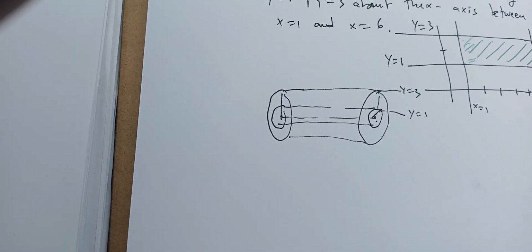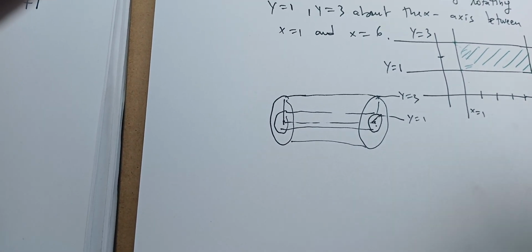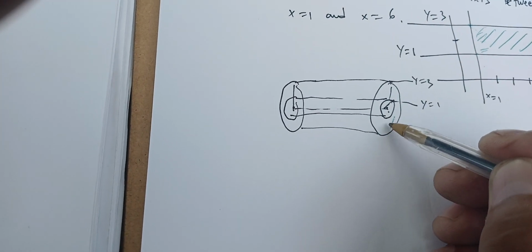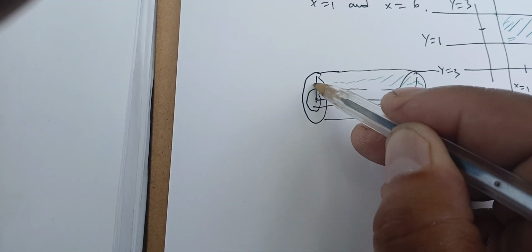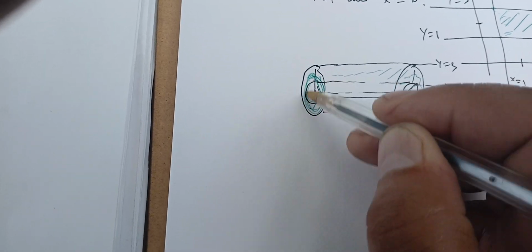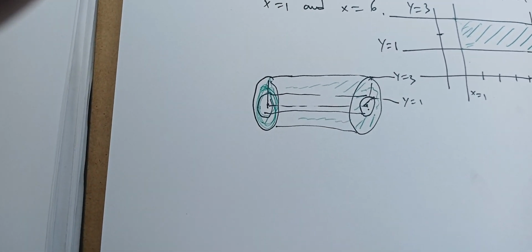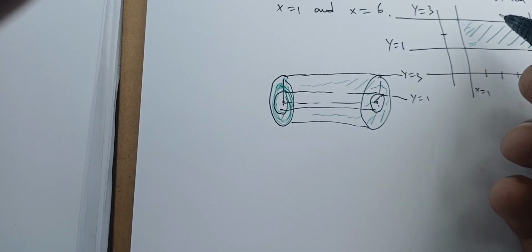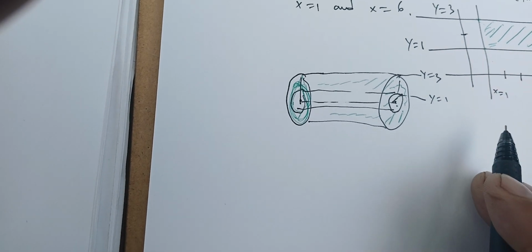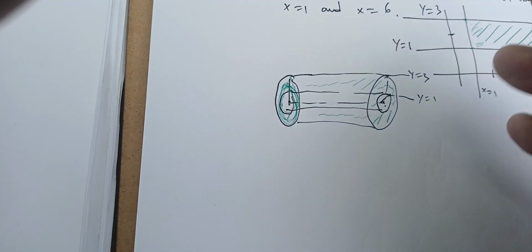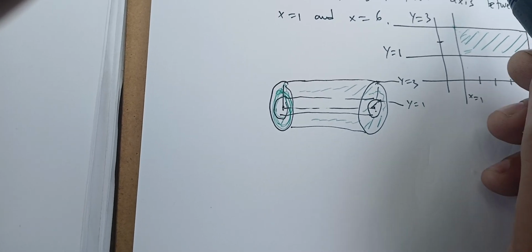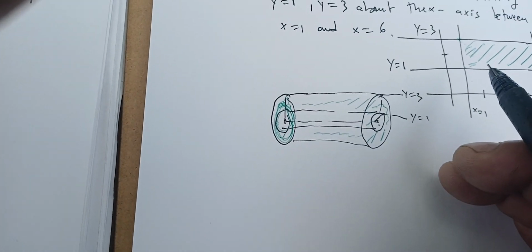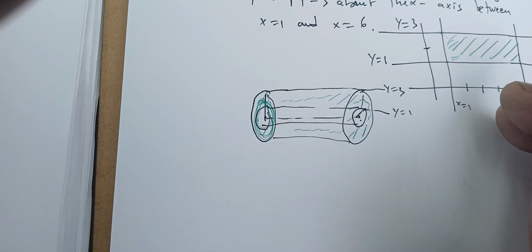And we don't want to take the whole volume. We're interested in the volume in between the cylinders. How can we do that? We can do it very easily. There are many ways. We know the formula for the volume of a cylinder.